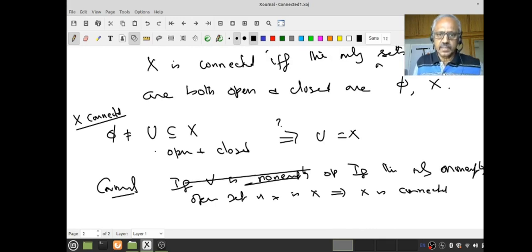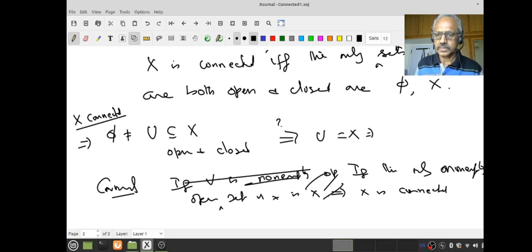What did it say? U is non-empty and open and closed, that means U must be X, that means U is connected. Since it's connected, this is the only set. So if you give me a set U which is non-empty, both open and closed, then it must be all of X. Now the converse: you assure me the only non-empty open and closed set.